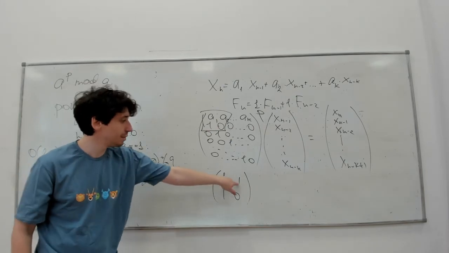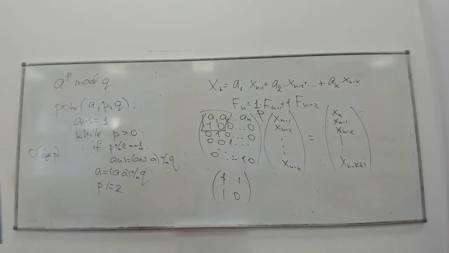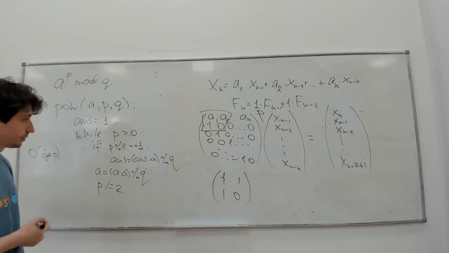So this is the sum of two. So to calculate a very large Fibonacci number, you can take this matrix in a large power and get it. Simply. Okay.